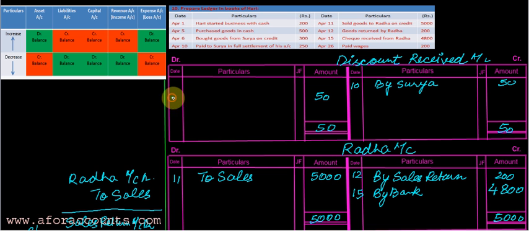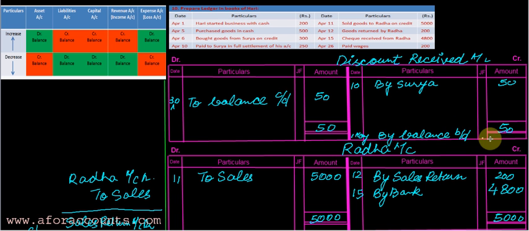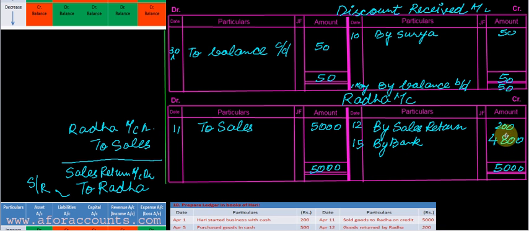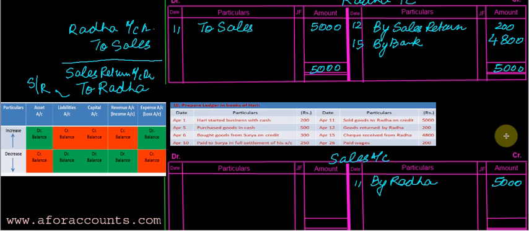So on 30th April, it will be to balance carried down, and on 1st of May, by balance brought down 50. Now coming up to Radha's account, it has already been tallied.